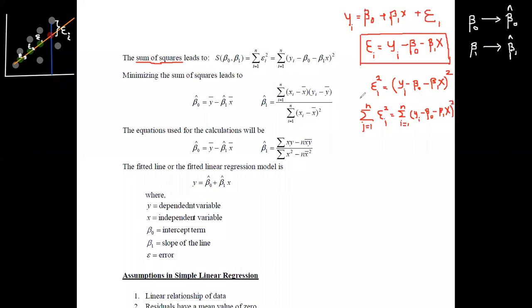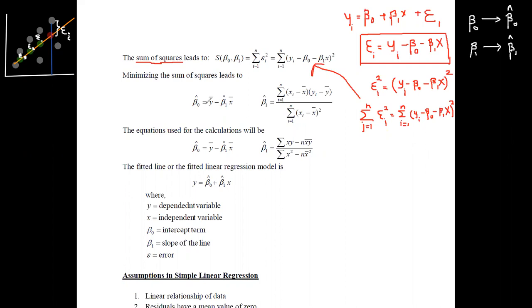Therefore, this is how you have obtained this quantity. Based on the initial equation identified for simple linear regression, you can obtain the sum of squares for these error terms.